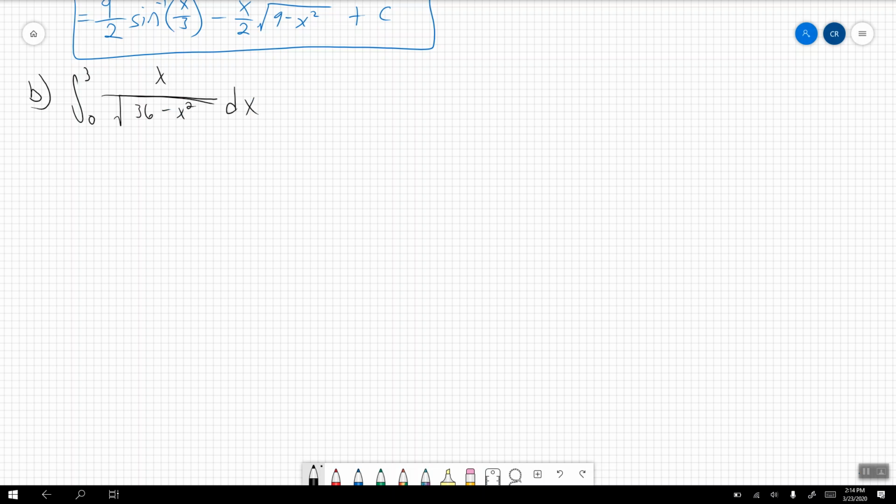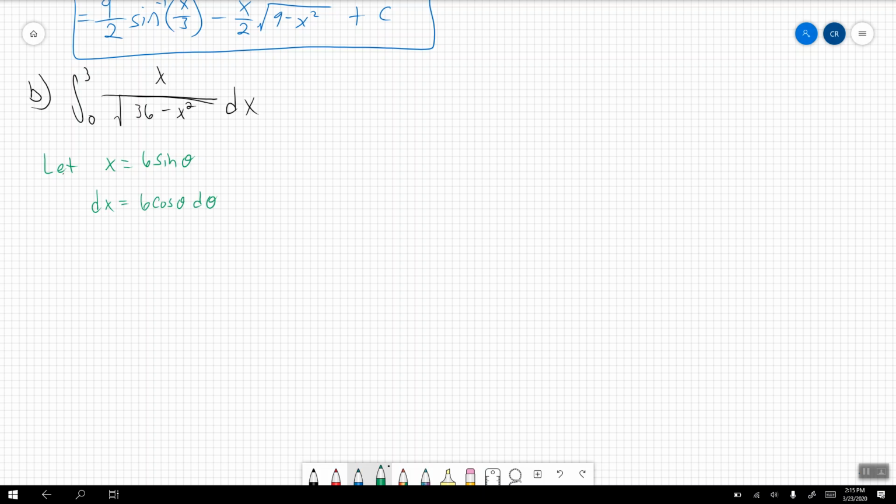All right, so let's start working with our newfound substitutions. The substitution that I want at this point in time is going to be that x is 6 sine theta. Now, if x is 6 sine theta, then naturally our dx will be 6 cosine theta d theta. Nice.